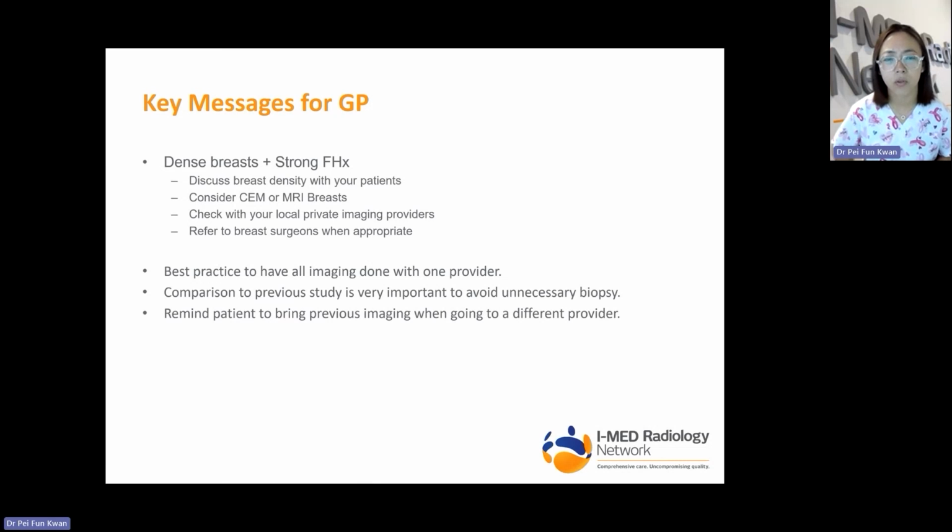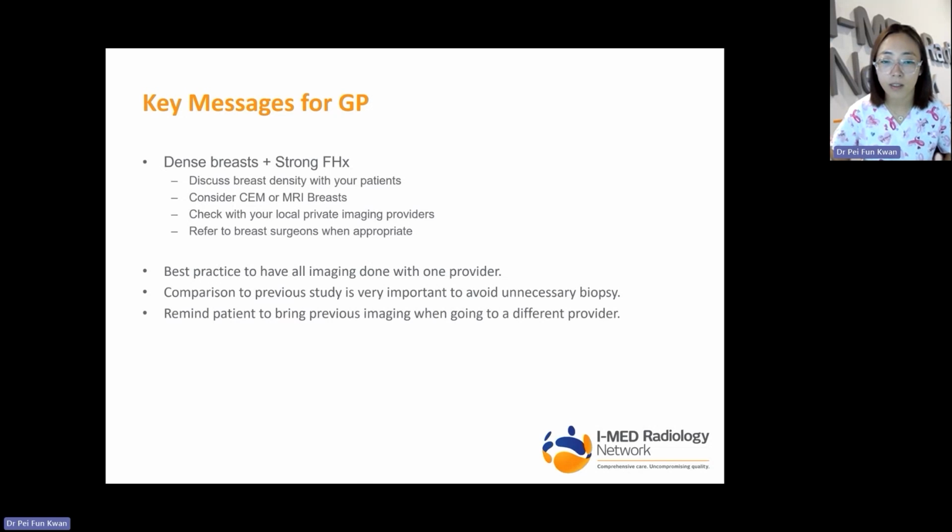If your patient has strong family history and not strong enough to qualify for MRI breast Medicare rebate, you could consider sending a patient for contrast enhanced mammogram. However, you need to check with your local providers to see if they can provide the service, and discuss with your patient. And I strongly encourage you to discuss breast density with your patient.